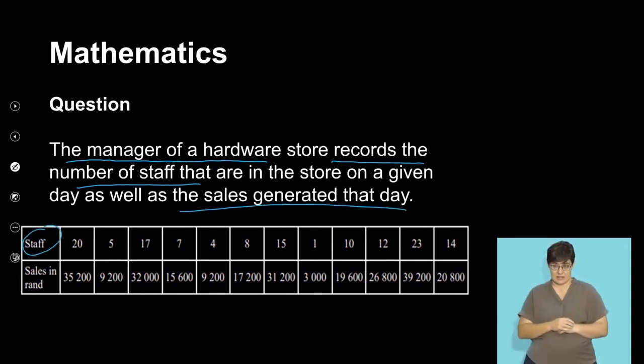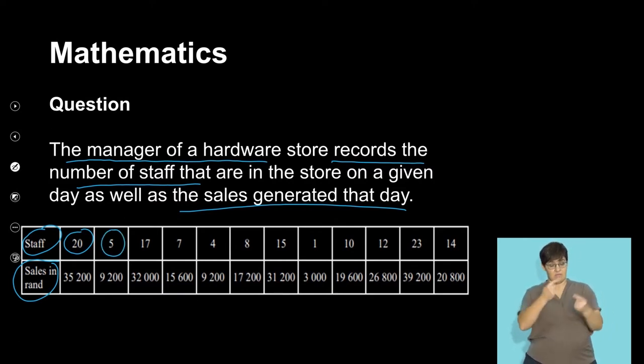So you have the staff, people working for a hardware store, and how many sales they make. So here we had a day where there were 20 staff members, and the number of sales was 35,200. And there was a day with only 5 staff members, but the number of sales was 9,200.